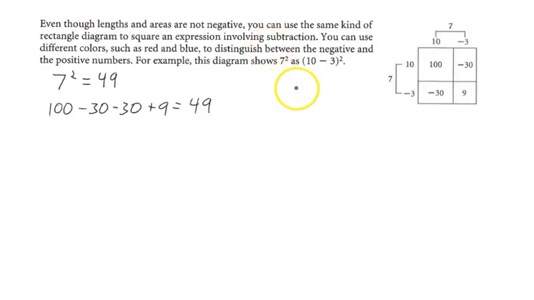We can actually use subtraction with these problems also, and that will involve negative numbers. So notice, back to our 7 squared equals 49 problem, instead of doing 3 plus 4 for 7, we could do 10 minus 3. And then we end up with products of 100, negative 30, and positive 9. And when we add those together, sure enough, we still get 49.